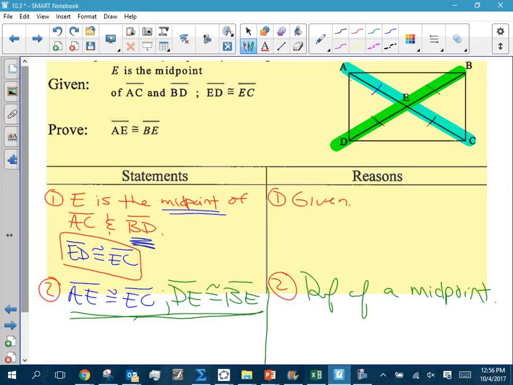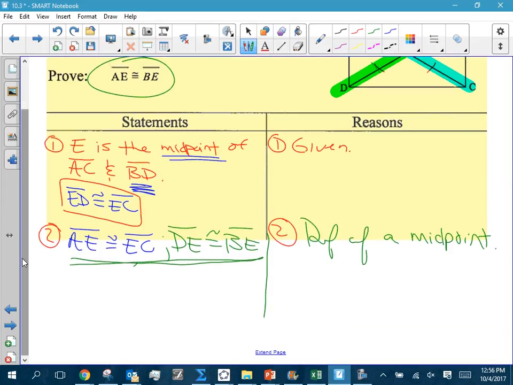If I have a collection of items and they're all the same, you should be able to take out any 2 of them and say any 2 of them are the same. So, of these 4 segments, are 2 of them AE and BE? Yeah. So I'll pick those 2 out and say AE is congruent to BE.